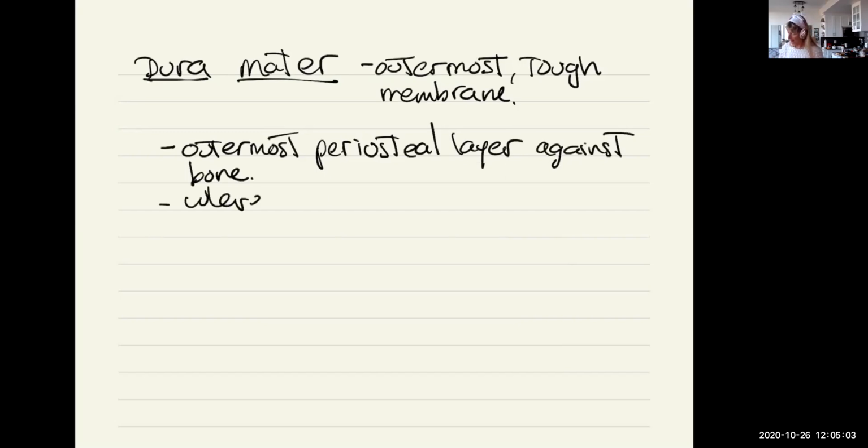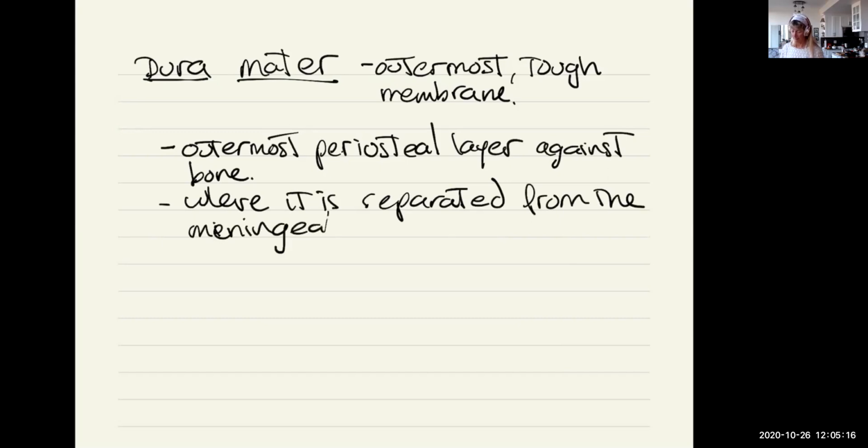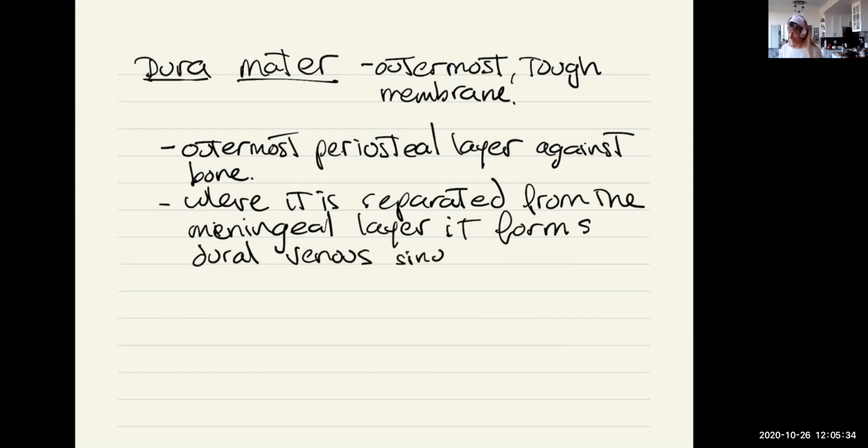But where it is separated from the layer below, the meningeal layer, it forms sinuses. They're called dural venous sinuses, draining blood from the brain.